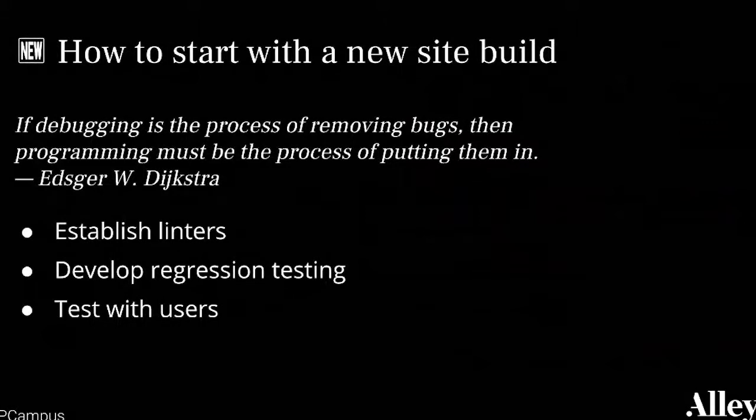But can I see a show of hands, anyone here not know what a linter is? So a linter is a set of rules that you apply to your code, and you attach it to some sort of build process, like in Webpack, or sometimes you can attach it to your IDE, and it's kind of like a spell checker.